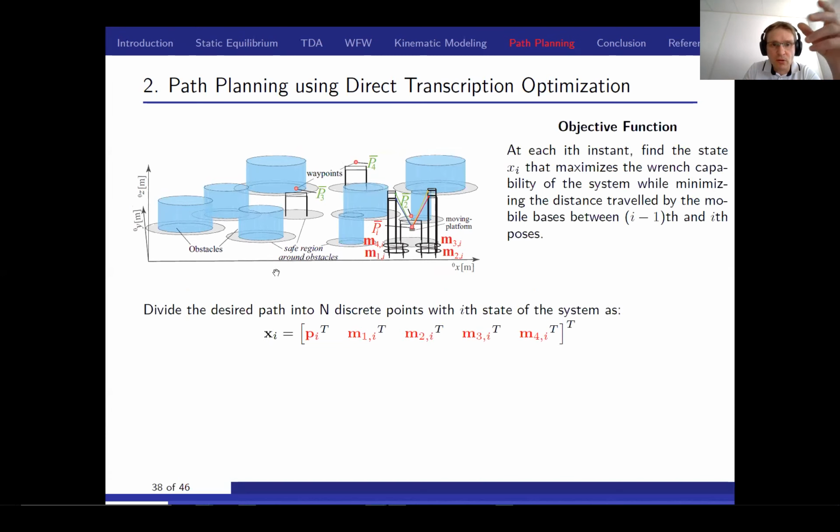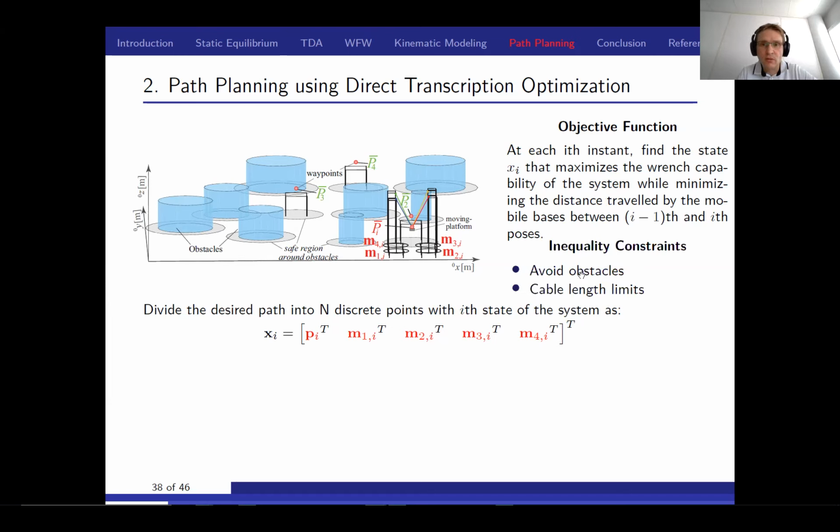Here the path is divided into a set of discrete points, some associated with the end effector and some associated with the location of the mobile bases. The objective of the problem is to find the state that maximizes the range capability of the system while minimizing the distance traveled by the mobile bases.